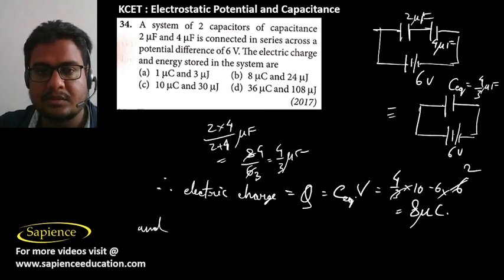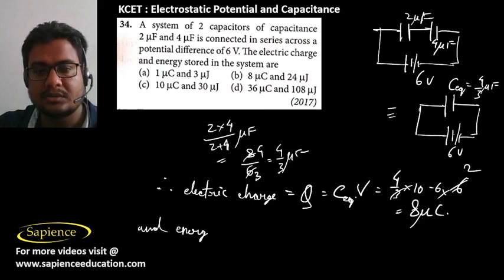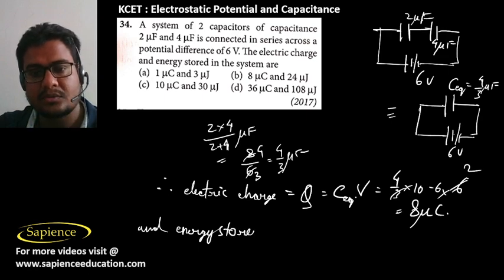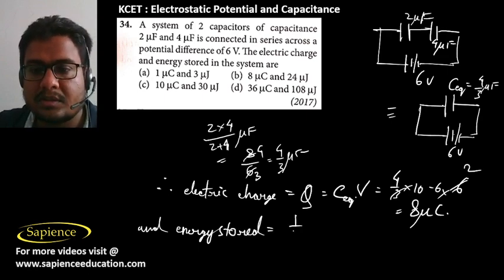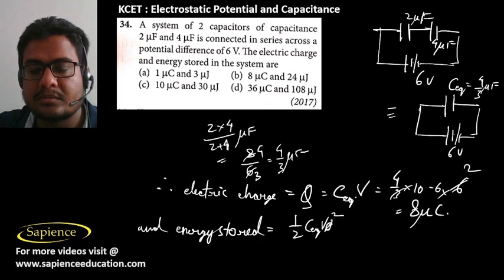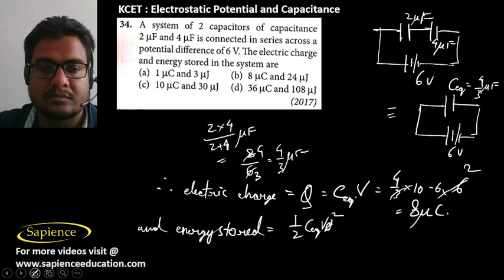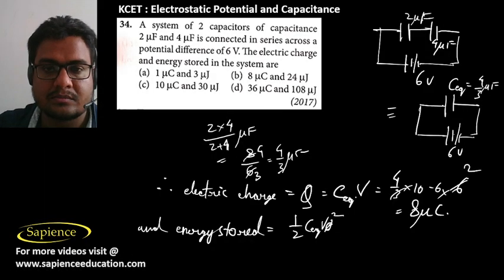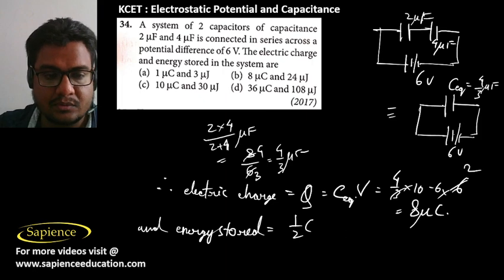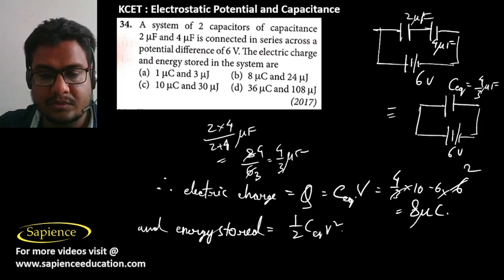And then the total energy stored in the system will come as half C equivalent into V square.